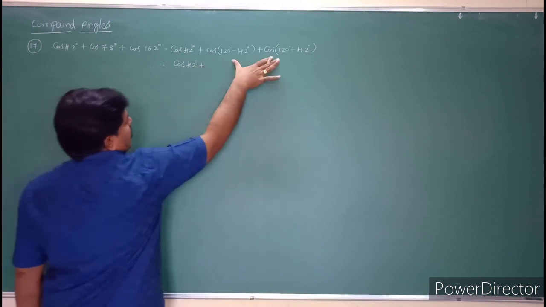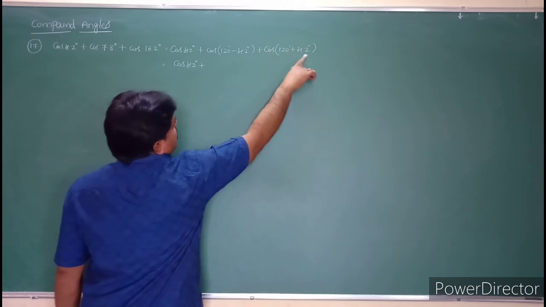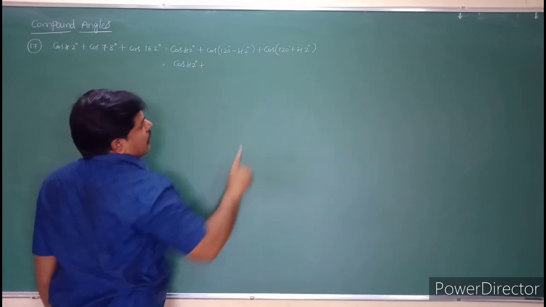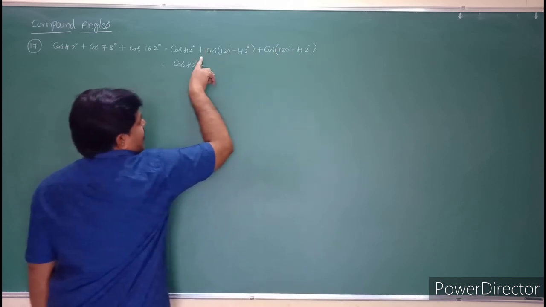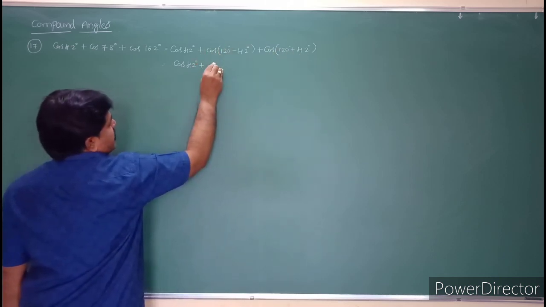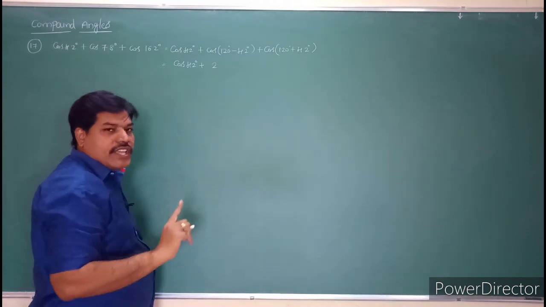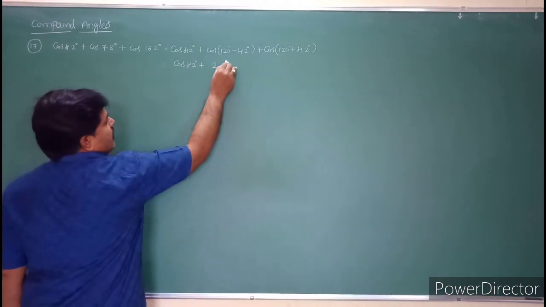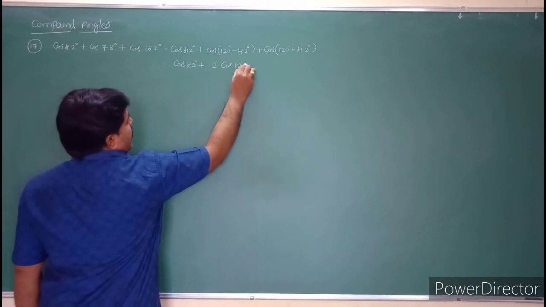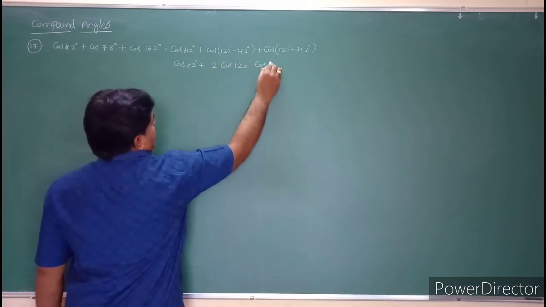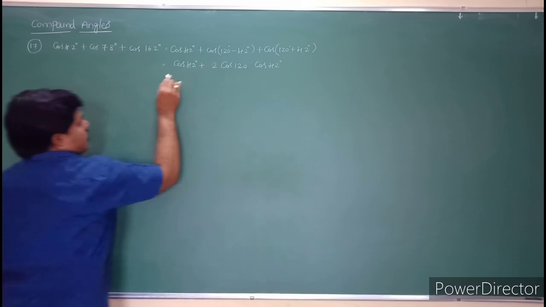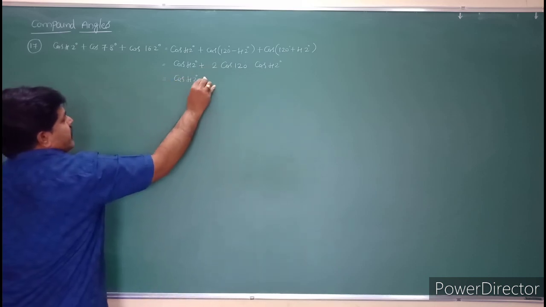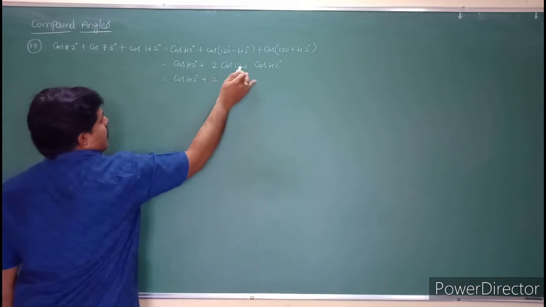So see this formula, students. Cos of a plus b plus cos of a minus b is nothing but 2 cos a cos b. So that implies cos 42 degrees plus 2 into cos 120.